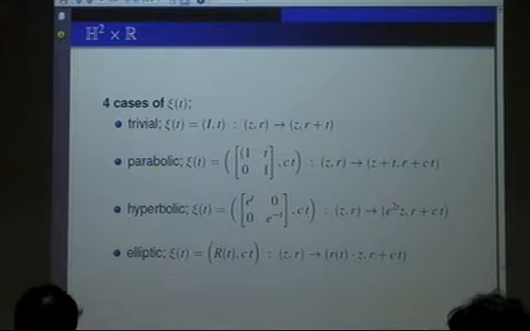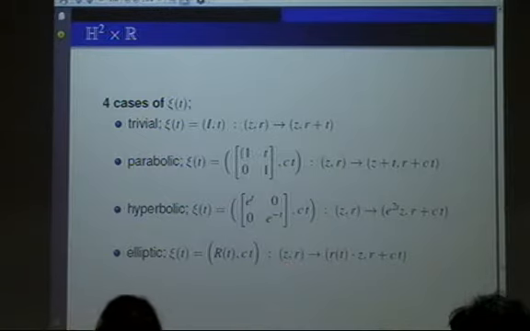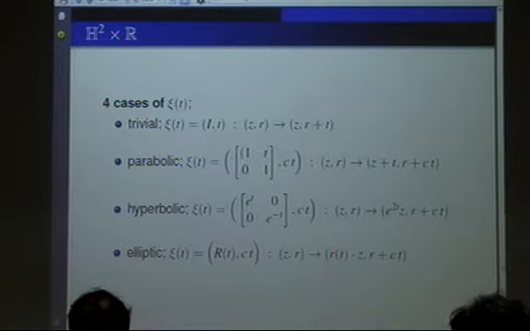The action of psi on an element of G times R is: R_t, the rotation, times g, and the R factor becomes r plus ct.